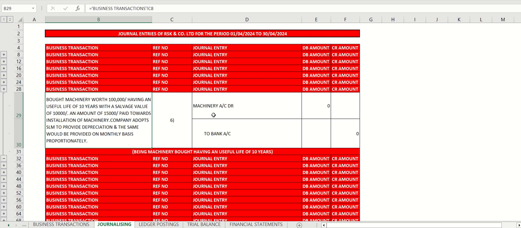Now, RSK and Co would be receiving this machinery, and RSK would be paying the cost of the machinery through the bank.